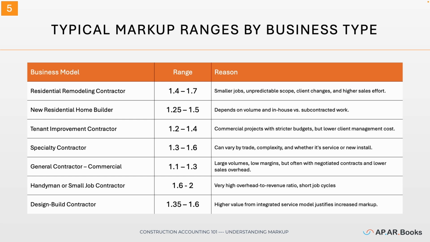Last one, design-build contractors typically use 1.35 to 1.6 since the integrated service model adds more value and justifies the higher markup. Remember, these are just ranges. The right markup for you depends on your specific costs and goals.